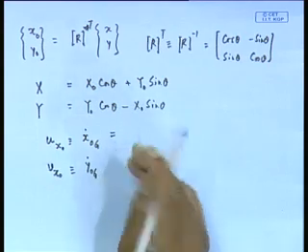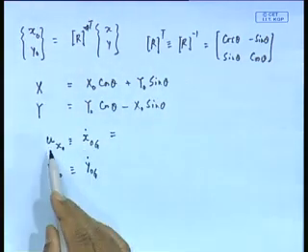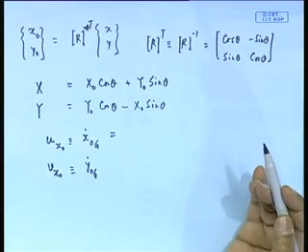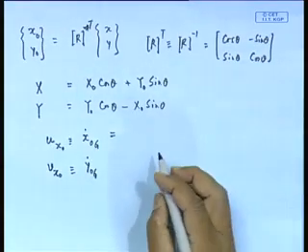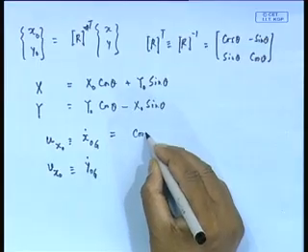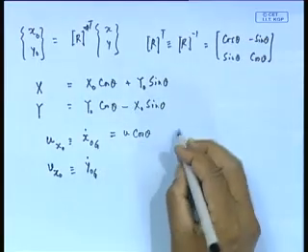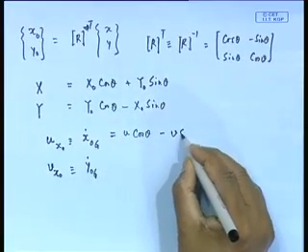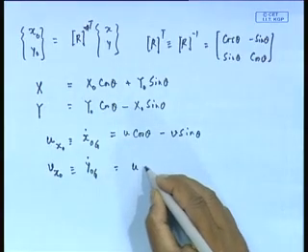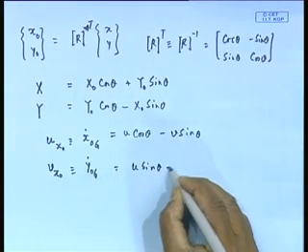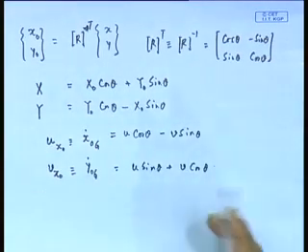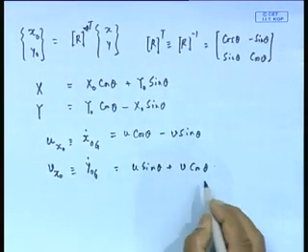Here we are doing the reverse, writing the quantity in O in terms of u and v, which is the same thing. So this will become u cos theta minus v sin theta, and this will become u sin theta plus v cos theta.